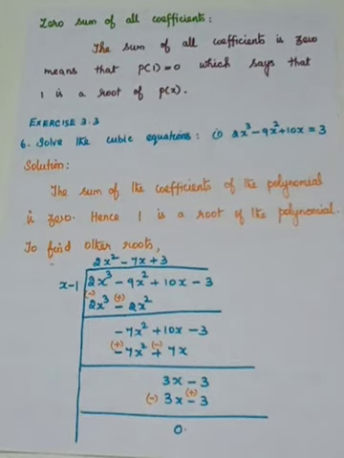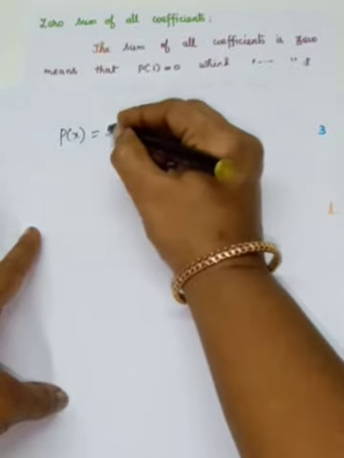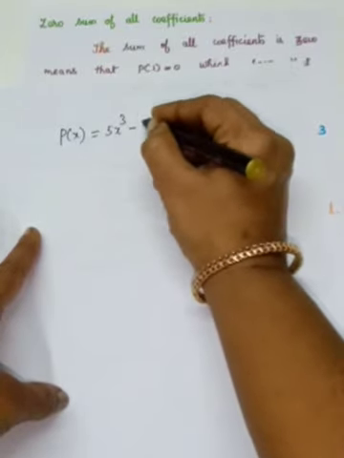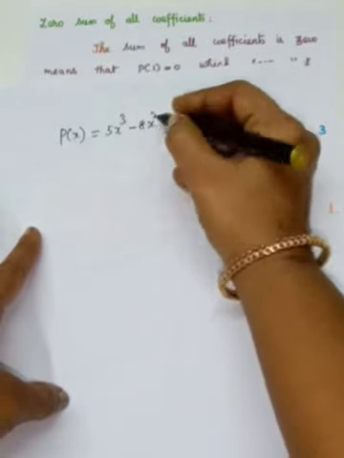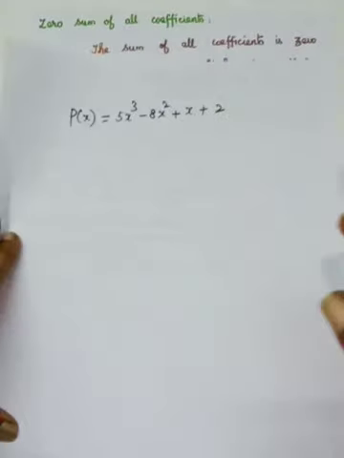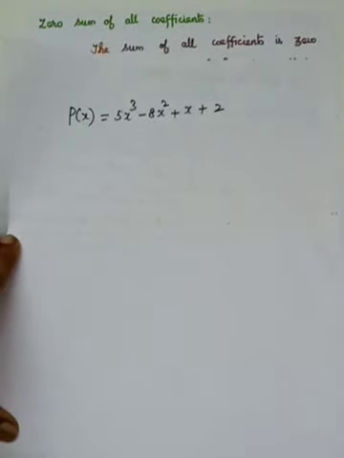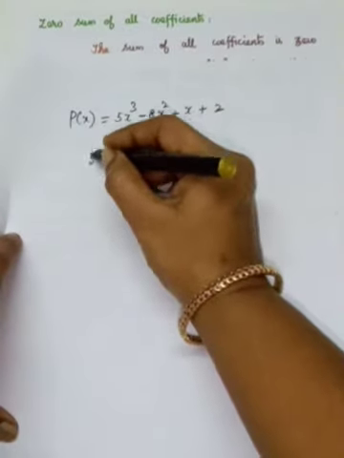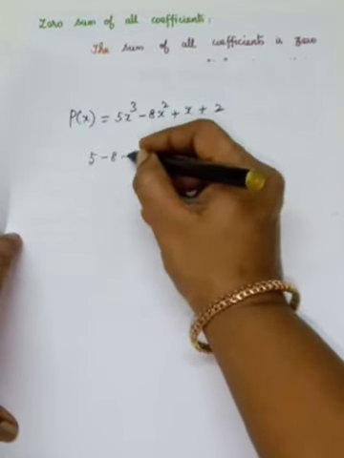What is it? P of x is nothing but 5x cubed minus 8x squared plus x plus 2. Okay, so this is the polynomial I have taken. So now I am going to add the coefficients of all the terms. So it is 5 minus 8 plus 1.